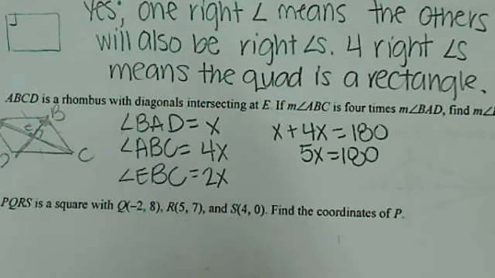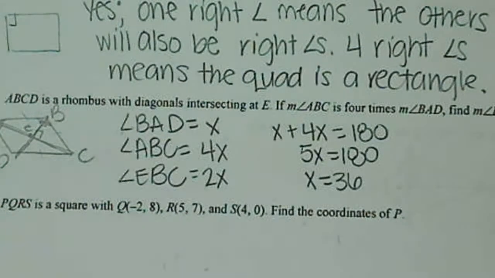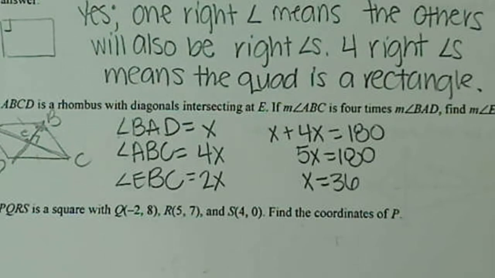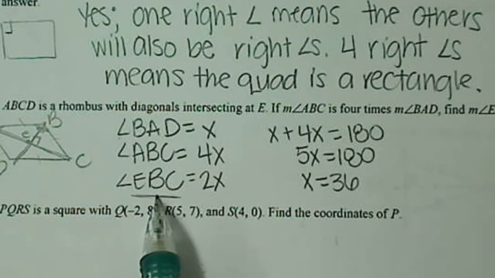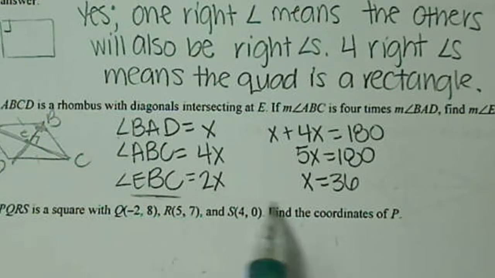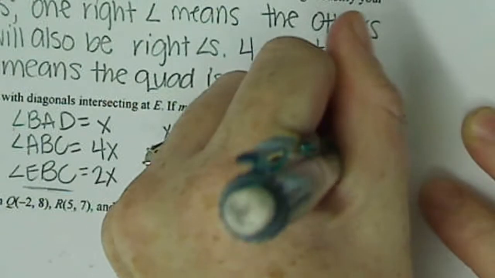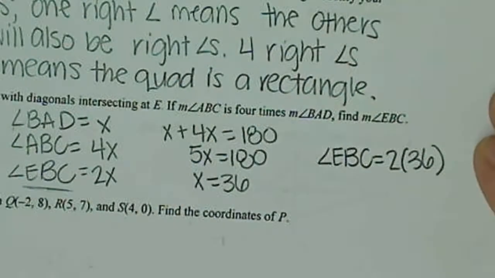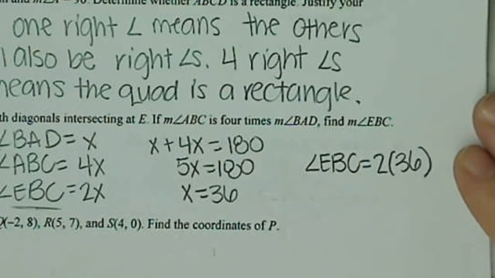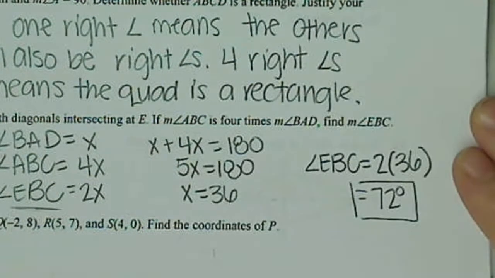Let's solve for x. Okay. X equals 36, but that's not what I want to know. I want to know the measure of EBC. So let's substitute 36 in place of x. EBC is 72 degrees. Excellent.